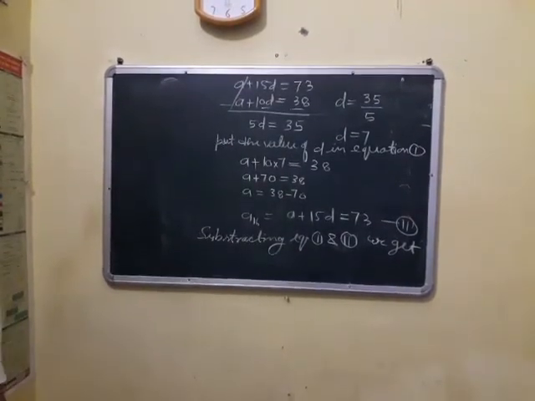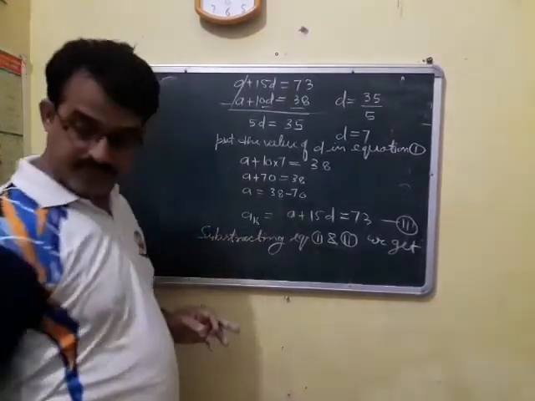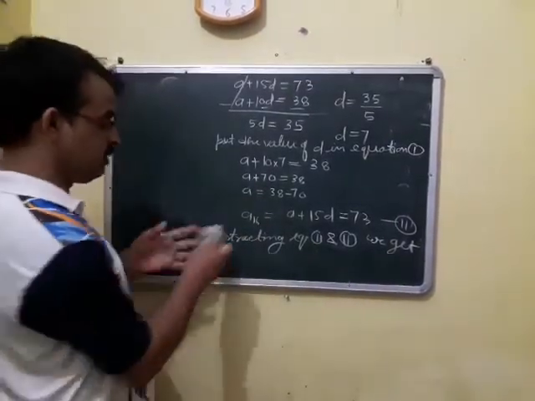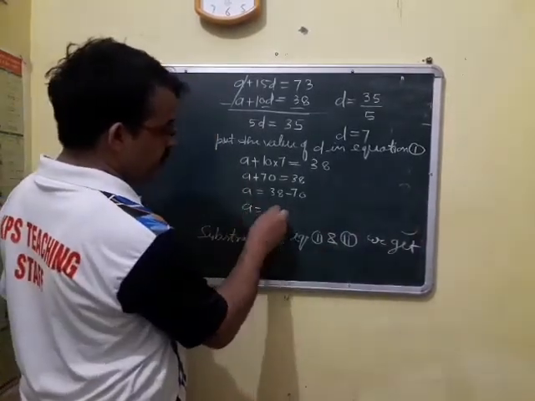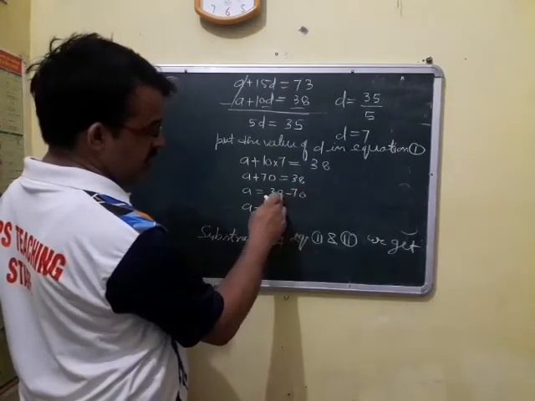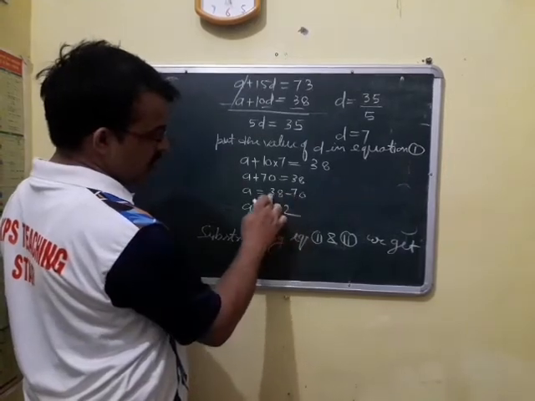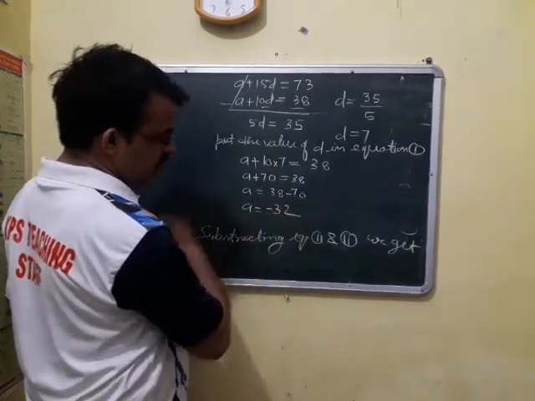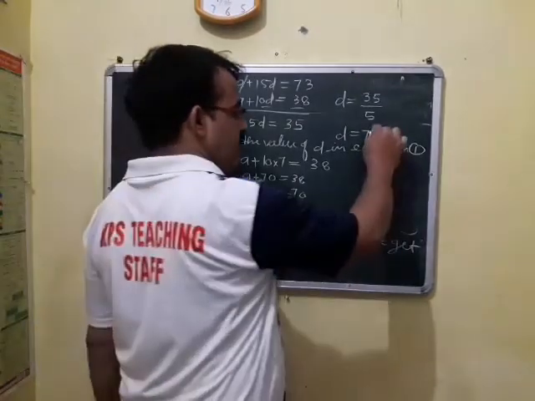The minus term is greater, so 70 minus 38 is 32. So a is equal to minus 32 and d is equal to 7.